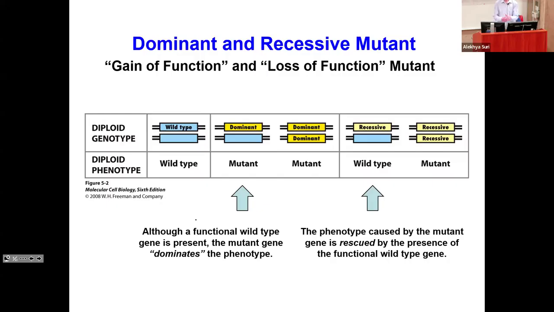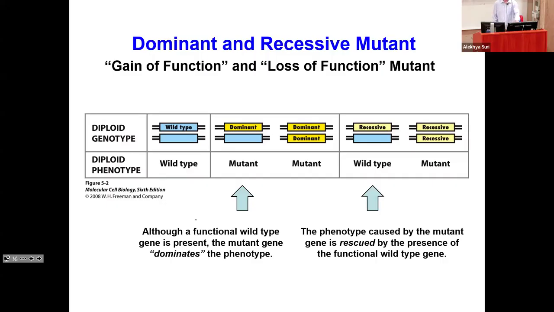And so you wouldn't see any effect when you look at wild type and recessive mutation. When you look at these animal cells, you would not see any effect on the phenotype. So it would look like wild type. Only if both genes are affected by the same mutations, then you would see an effect on the phenotype. So it would look like a mutant.